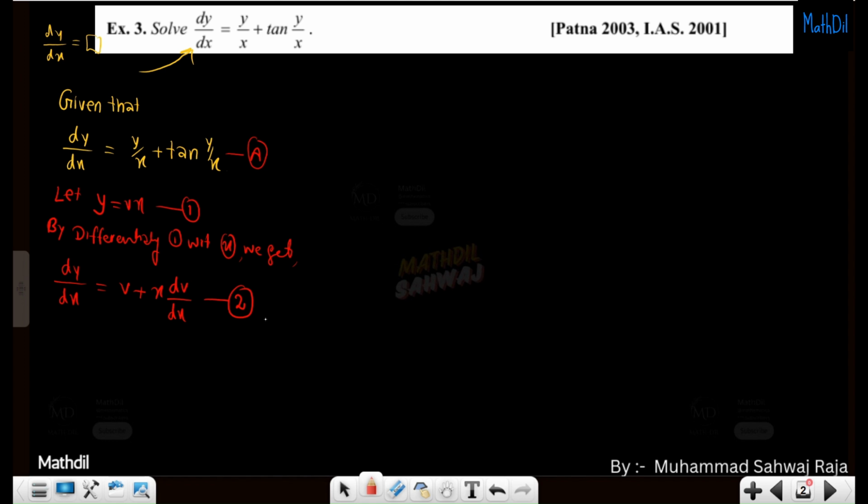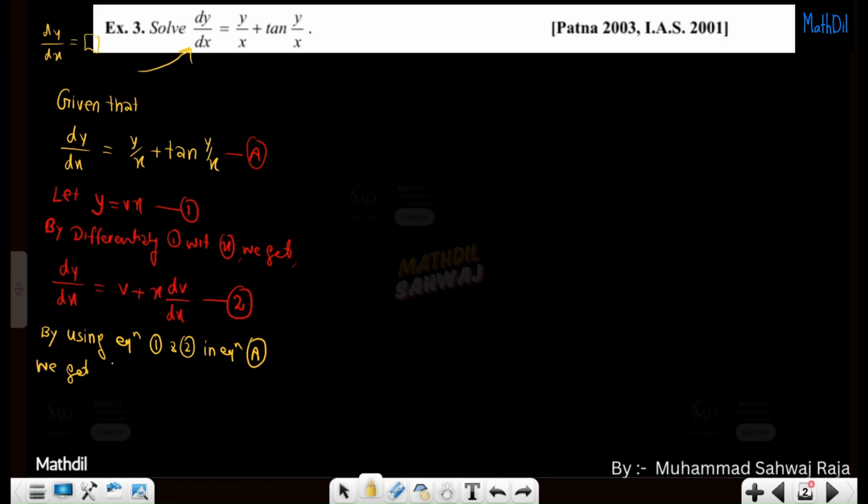So students, as usual, now we will put equations 1 and 2 in equation A. We get, see, dy/dx is equal to this term.